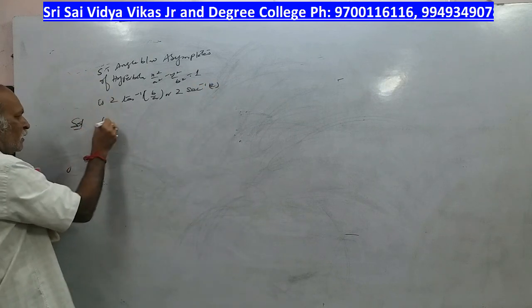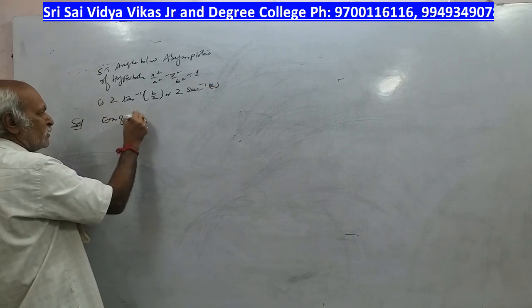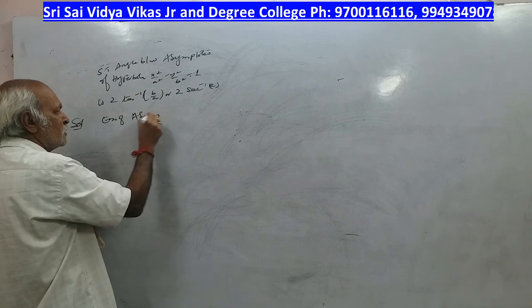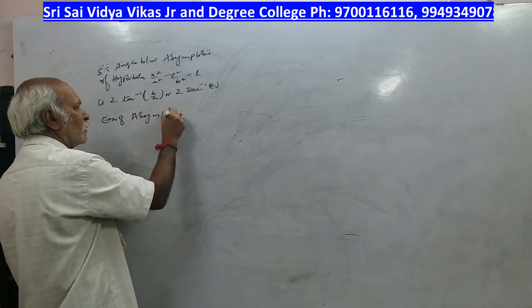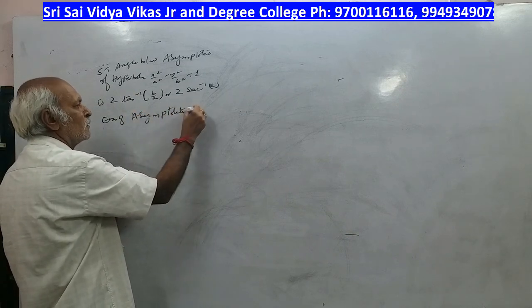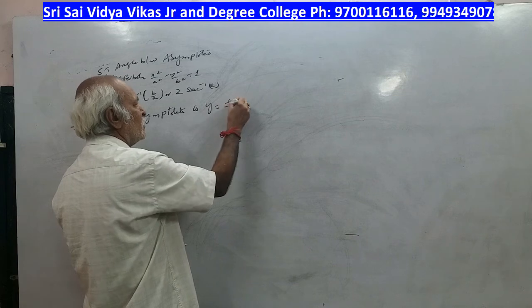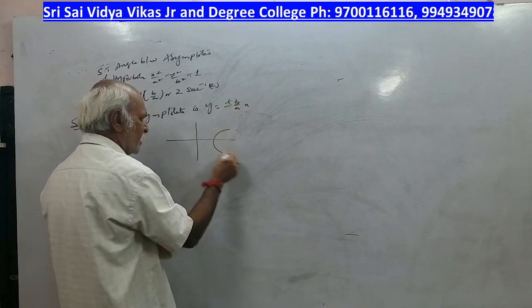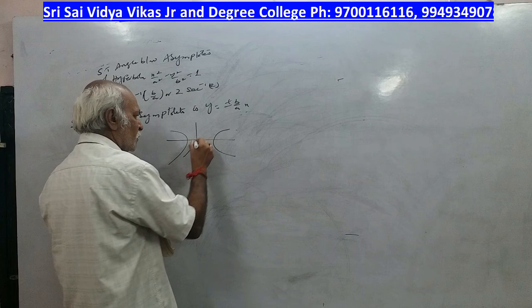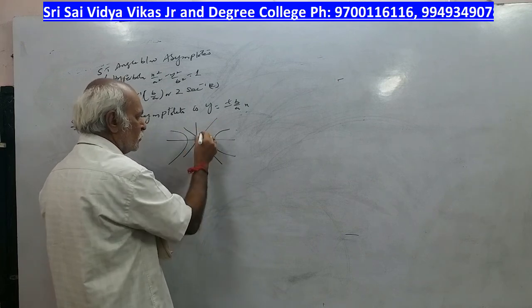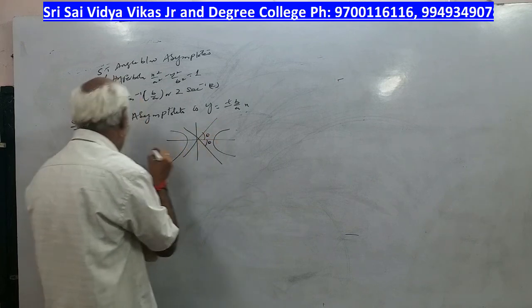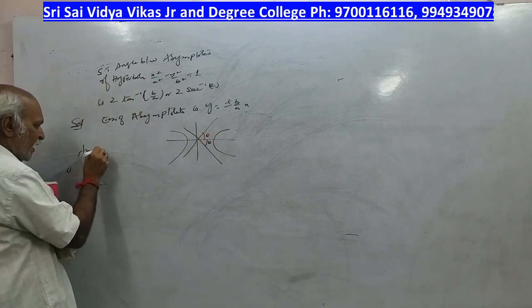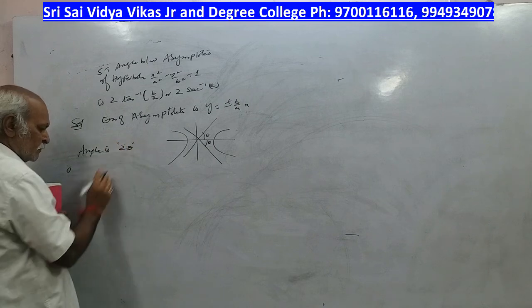Now, equation of asymptotes, I gave the formula, sir. Asymptotes is y is equal to plus or minus b by a x. Means what? It will be like this. I told you diagrammatically. So this is theta, this is theta. Therefore, angle is 2 theta, right?